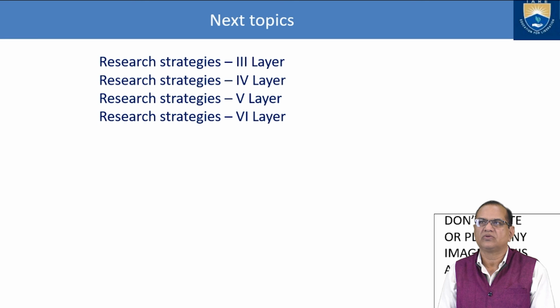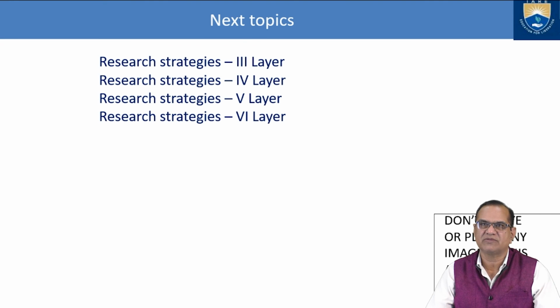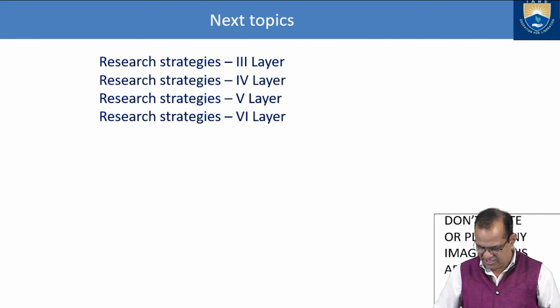Now, the next topic, in the next class I am going to discuss research strategies. In this we have different types of studies. Here I have discussed layers 1 and 2, and in the next class I am going to discuss layers 3, 4, 5 and 6.